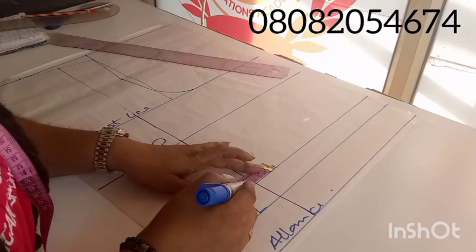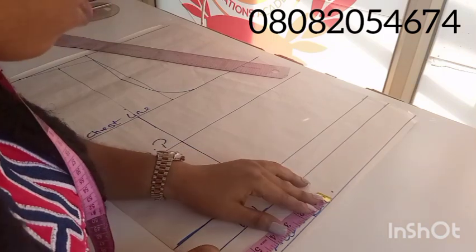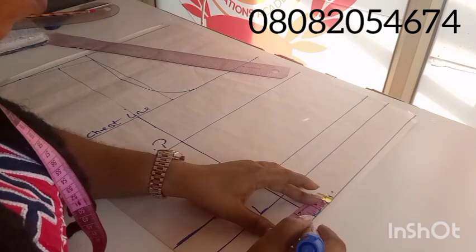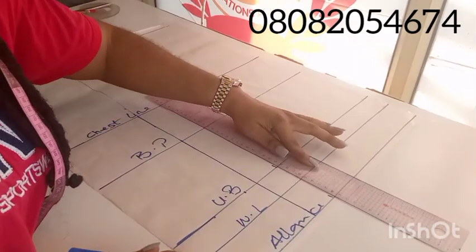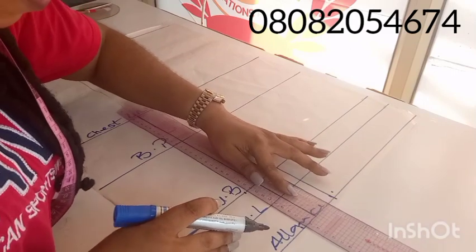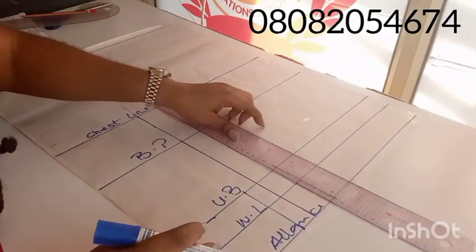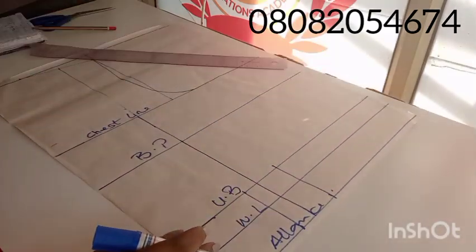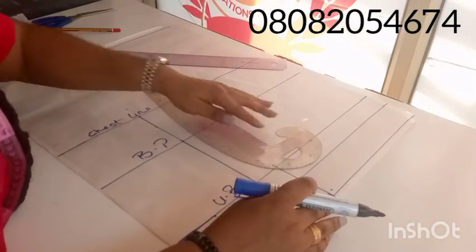Okay, so I came down to the under bust line, and then I'm deducting 1.5 from this side and 1 inch from this side, from the under bust down to the hem, and then I'm just going to connect. 1.5 from the other side and then 1 inch from the side that is closer to me, and then I just connected the line, and then I'm going to connect with a curve into my under bust.